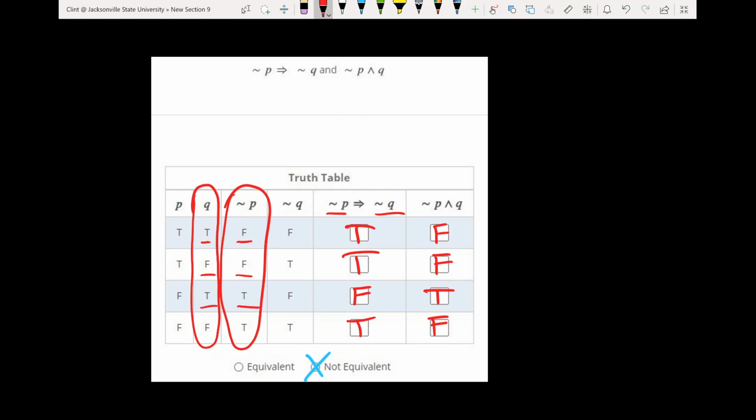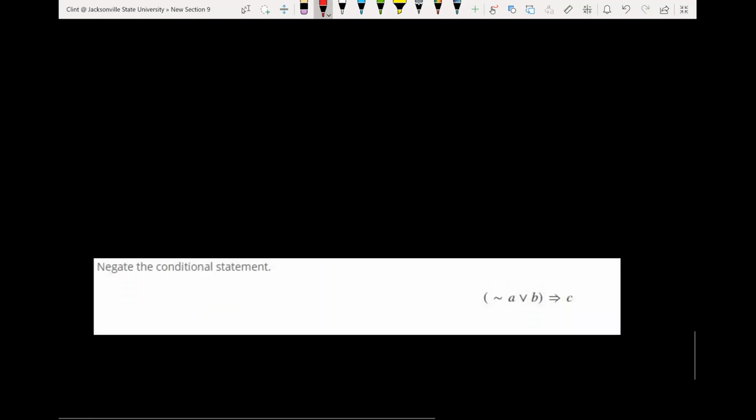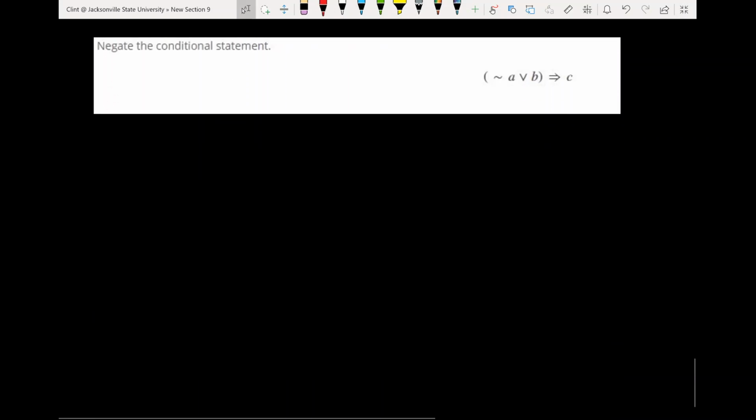One more example here. These can be a little tricky, so it says negate the conditional statement.